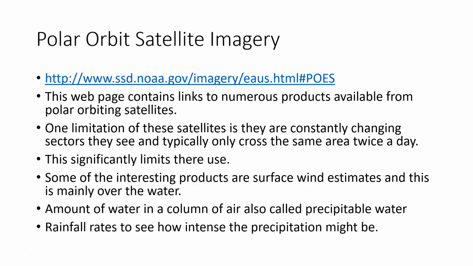Literally every minute they'll be able to have a picture of the Earth's hemisphere. They'll be able to see both infrared and visible, and we talked about radiation at different levels.